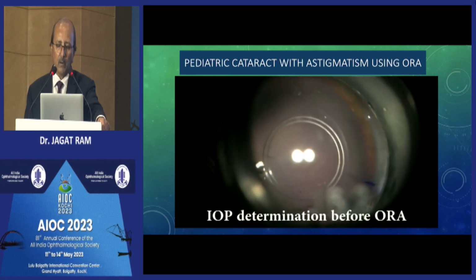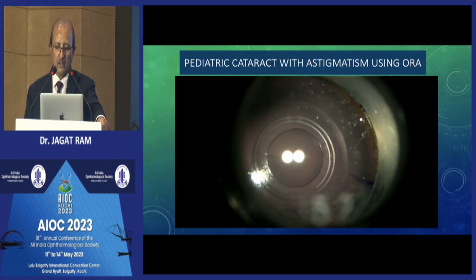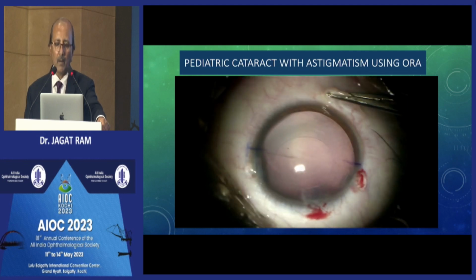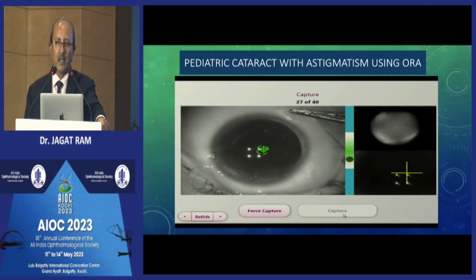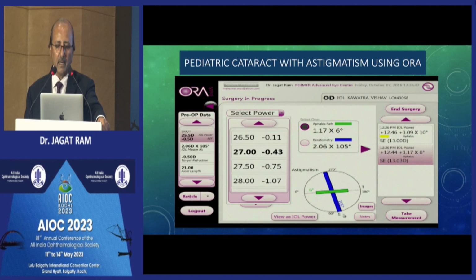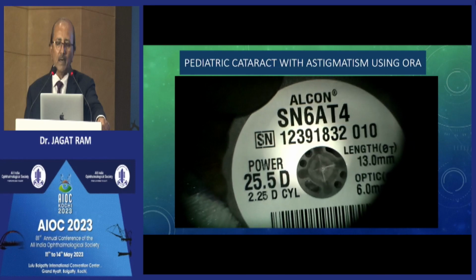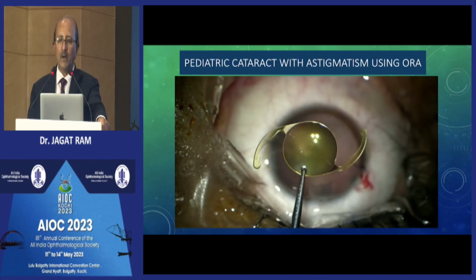Pressure should not be low, but then we adjust it and see what IOL power comes. Because the child is under general anesthesia, we have to make fixation much more accurate, and it gives the IOL power. But in children, we have to adjust the IOL power for underestimation. That is what you have to do.